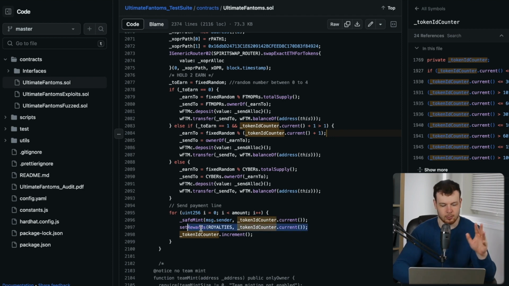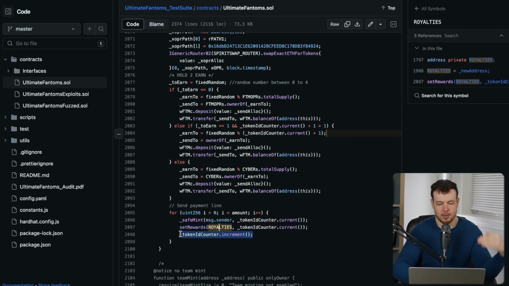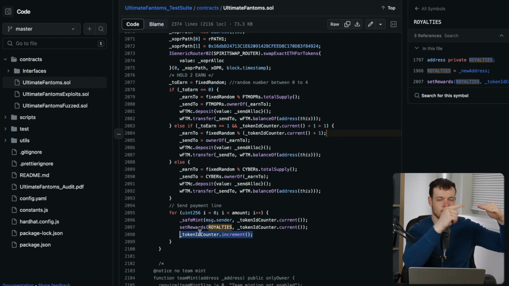Then we set rewards, that's not important, and then we increment the token ID counter. So now for the incremented token ID counter, no NFT exists for this ID. Then we go back in the loop and mint an NFT there, so now an NFT exists for the token ID counter, and then we increment it again. And now again, no NFT exists for this ID here.